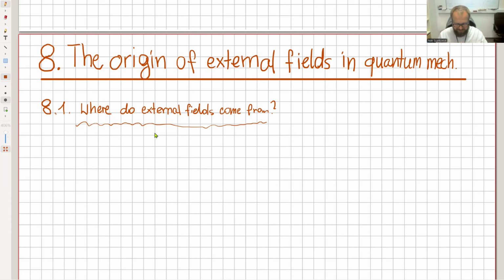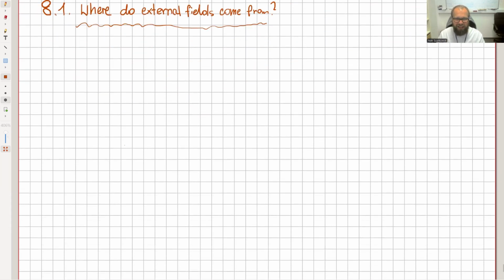The emblematic example would be a star, so we have a sun, and a planet orbiting around the sun, interacting with each other through gravity.